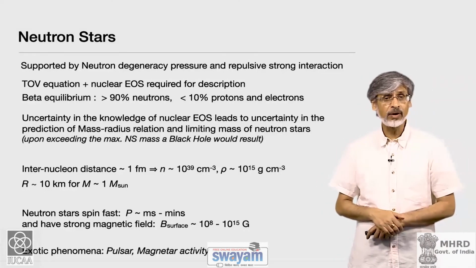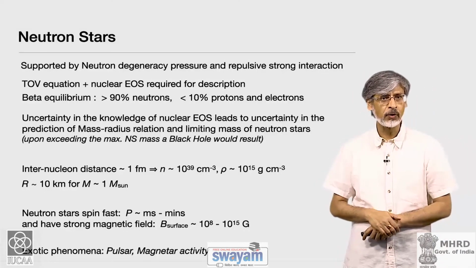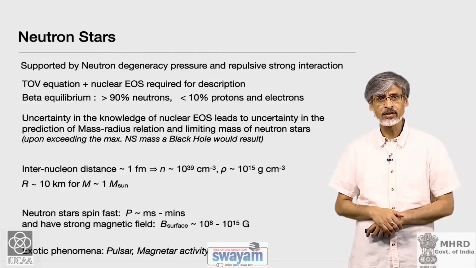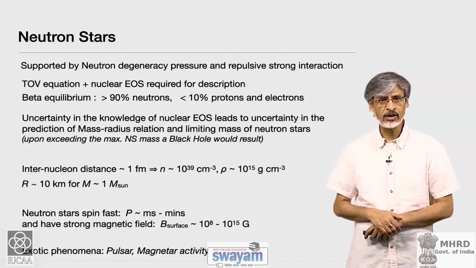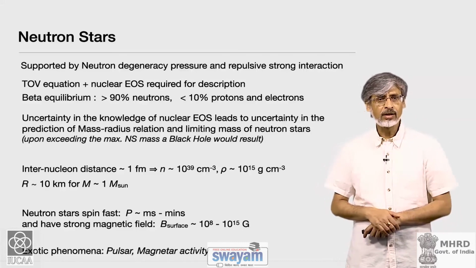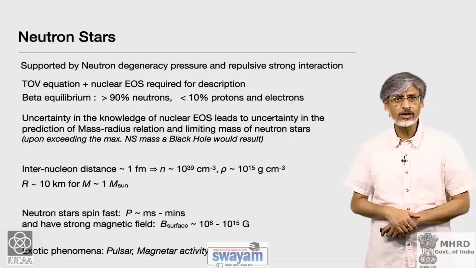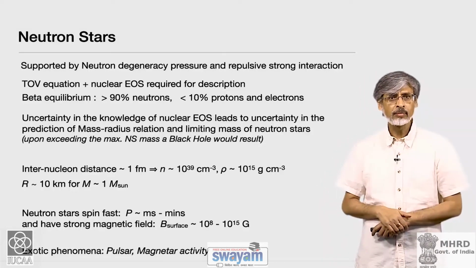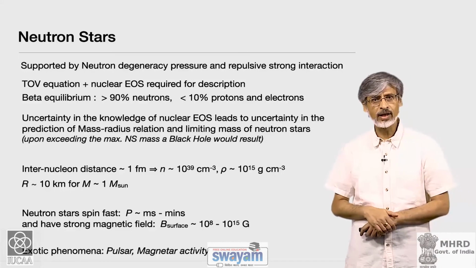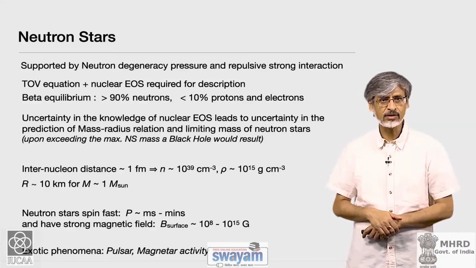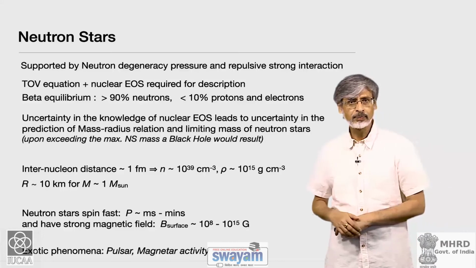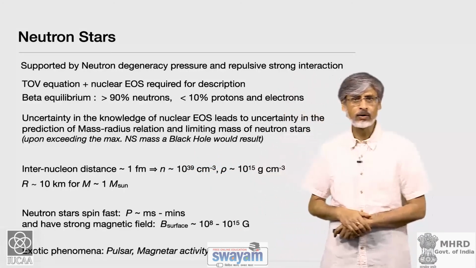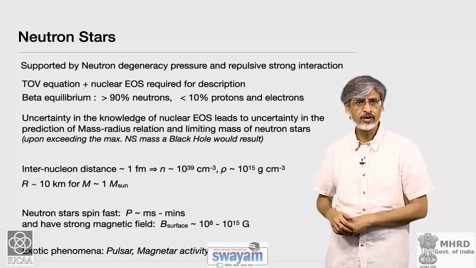The beta equilibrium requires that almost 90% or more of the material is neutrons, and only less than 10% of the matter is in protons and electrons. However, we still have some uncertainty in the knowledge of the nuclear equation of state, and that leads to uncertainty in the prediction of the mass radius relation as well as the limiting mass of neutron stars. Now, upon exceeding the maximum neutron star mass, a black hole would actually result.